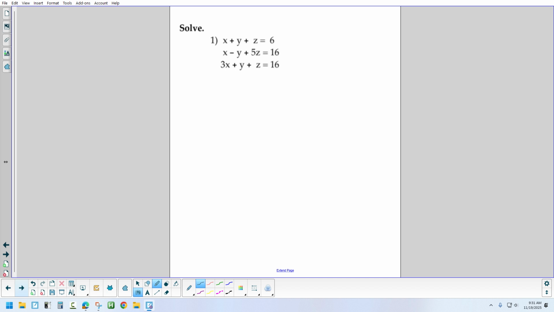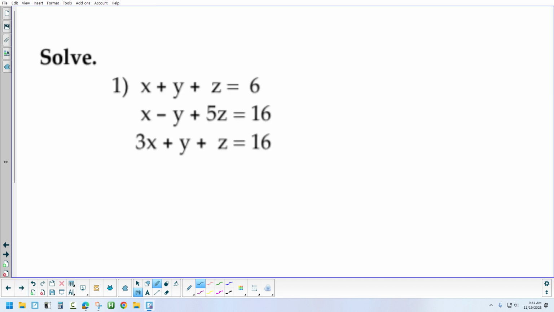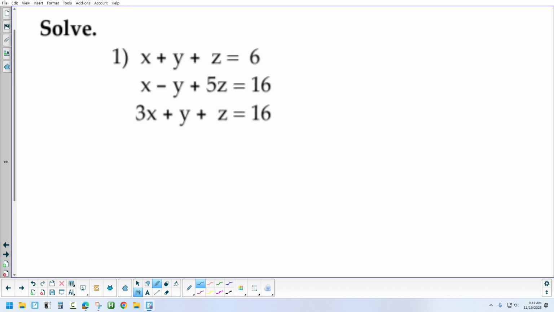All right, let's try this one. What's the first step that we always do when we are writing it as a matrix? We have to get what number in what spot? 1 in the top left. Do we have a 1 in the top left?